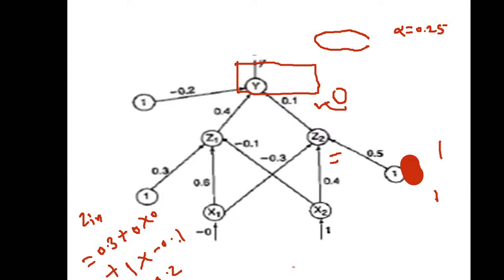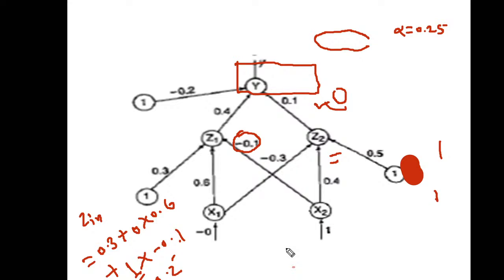We can write 0.3 plus 0.6 multiplied by the input, which is 0, so 0.6 multiplied by 0 is 0, so this should be 0.3. And then the next one, x2, the input is 1, so 1 multiplied by this weight minus 0.1. So the total net is 0.2. Similarly, let's calculate z in 2.